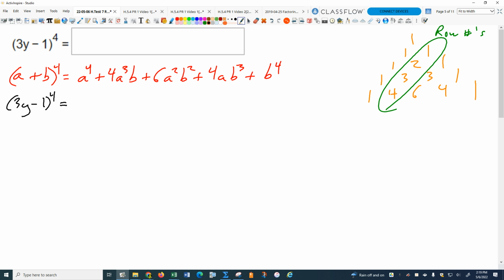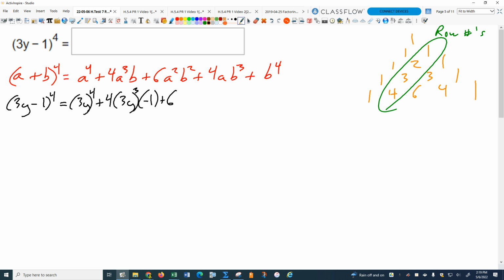So we're going to get the quantity 3y to the 4th plus 4 times the quantity 3y cubed times negative 1 to the 1. Anytime you have a negative factor to an odd power, you know you're going to get a negative term.